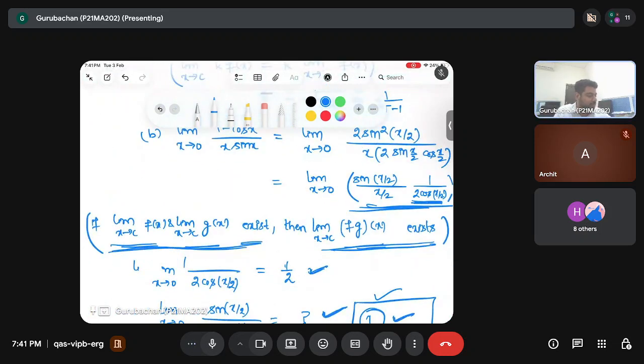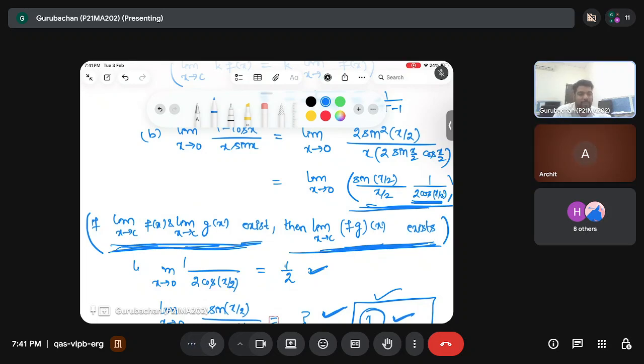If this exists, then this exists. Correct? What if I say that the limit exists if this is existing? Are these different statements?